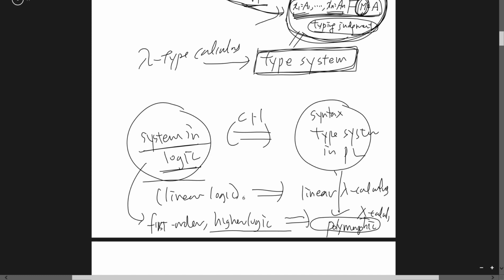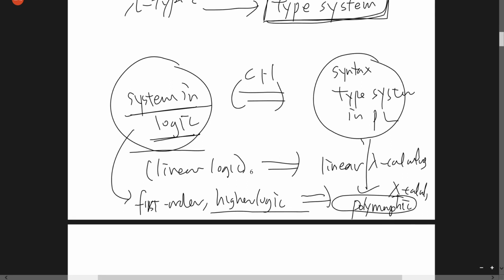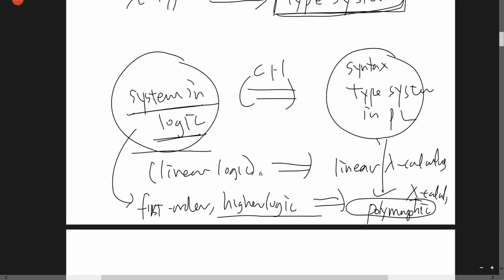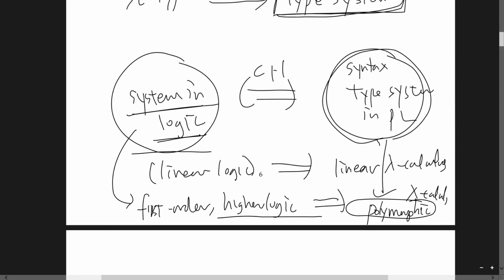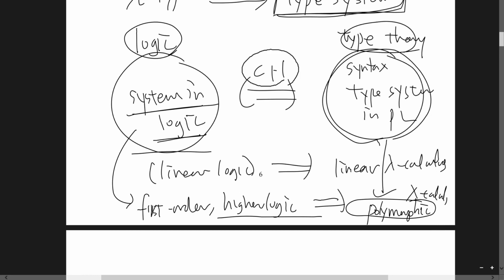So the principle is really simple, but that's the beauty of the study of programming language theory. So we started in logic. Now we are looking at type theory. So the Curry-Howard isomorphism is the principle that underlies the connection between logic and type theory.